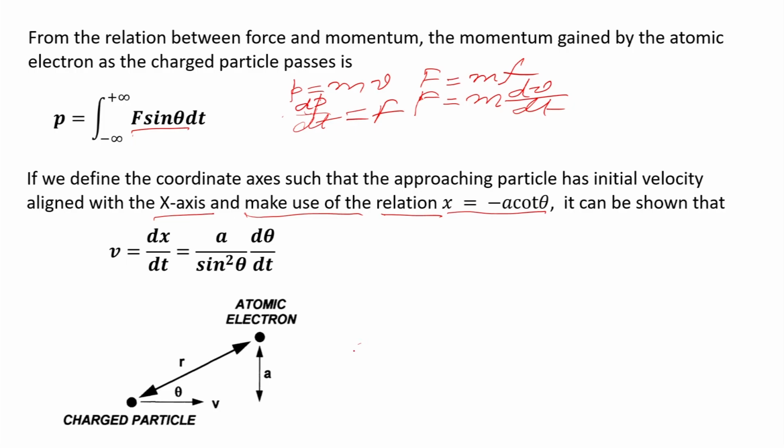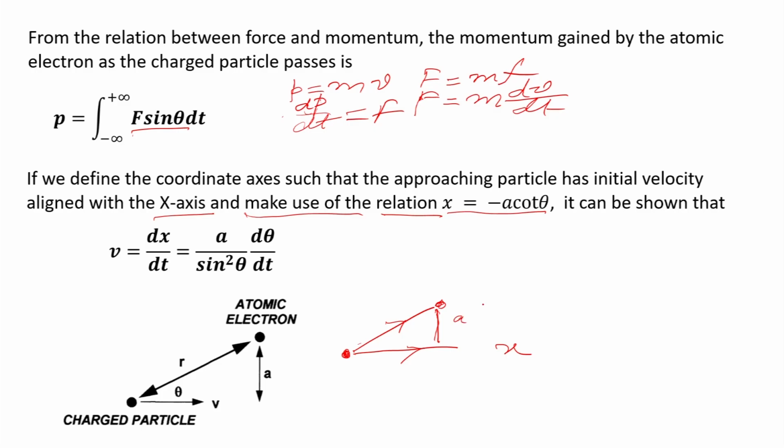Because the particle is moving in this direction. This is the x axis, and this vector connects the initial position of the particle, the reference, to the charged particle, which we are calling the approach distance.